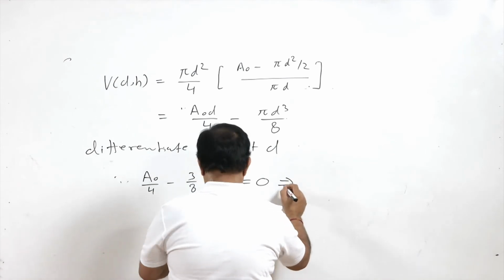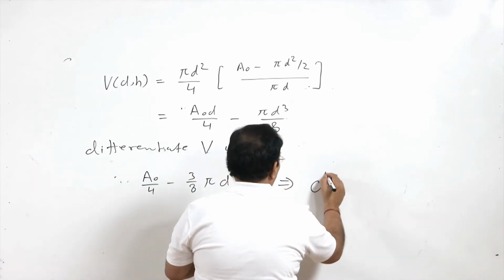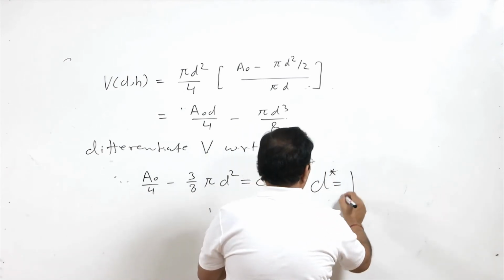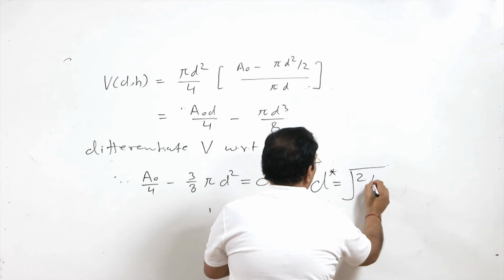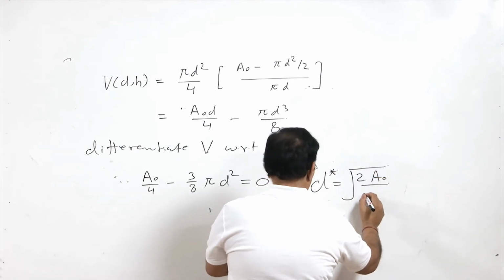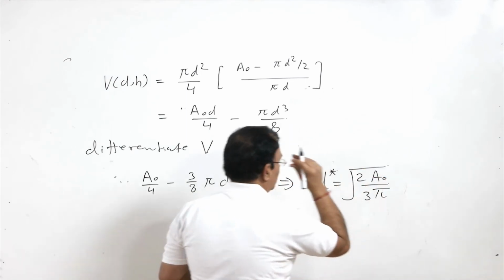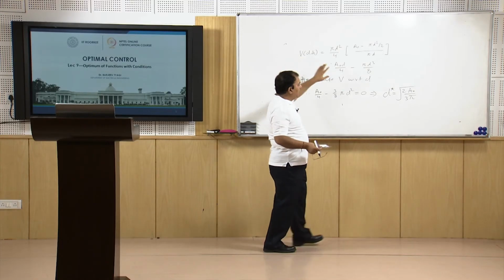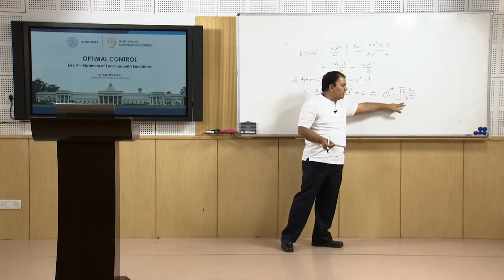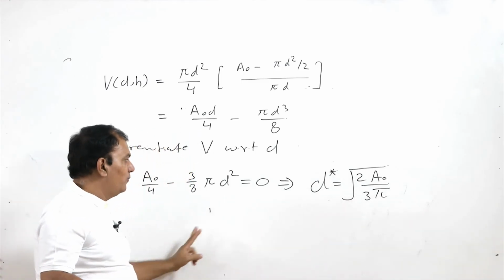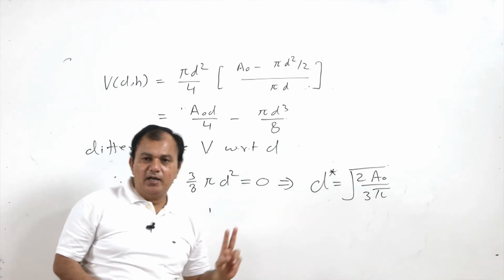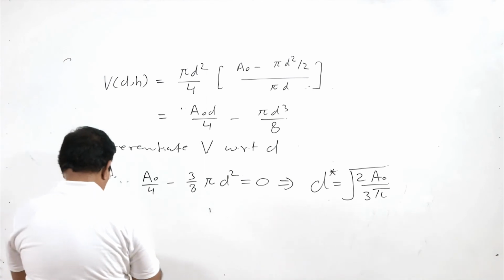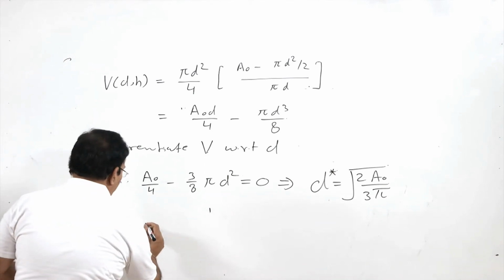This implies my d, which is nothing but my optimal value, is square root of 2 a naught by 3 pi. So, for V to be maximum, d is the square root of 2 a naught by 3 pi, and h we have already determined in terms of d. If d is known to me, I can directly write the value of h.